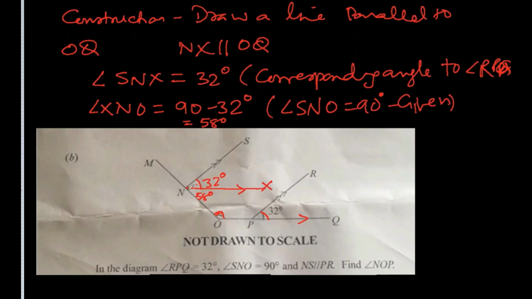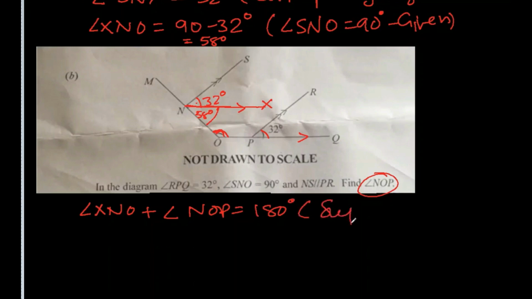Now this angle 58 degrees and the required angle, the one they are asking us to find out, angle NOP, they are interior supplementary angles. Okay, so angle XNO plus angle NOP equal to 180 degrees because they are interior angles or supplementary angles, whatever you call them.